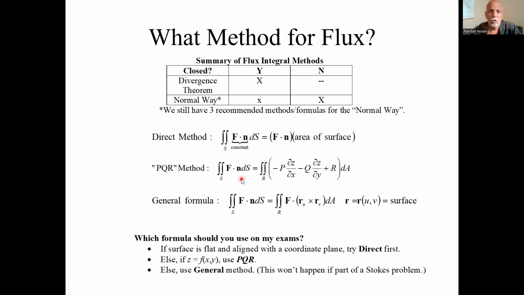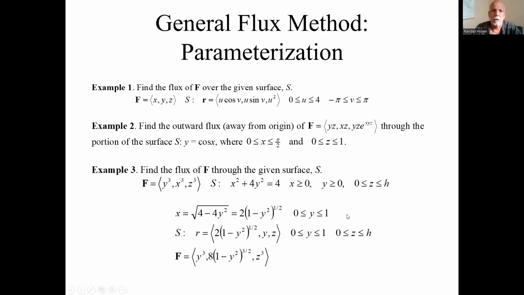If the surface is Z as a function of X and Y, then use the PQR method. And if neither of those is true, here's your general method, which has several steps. And here's a little bit more explanation of parameterization when you use that general method.